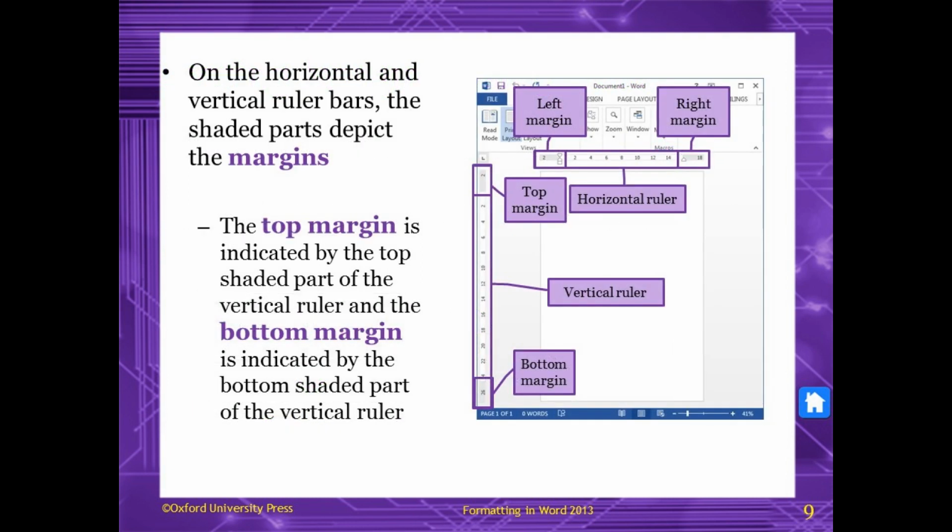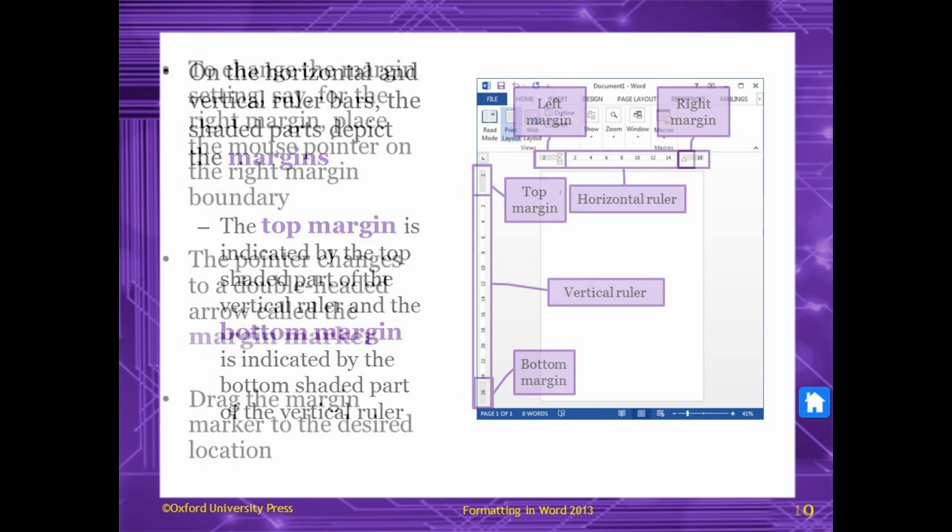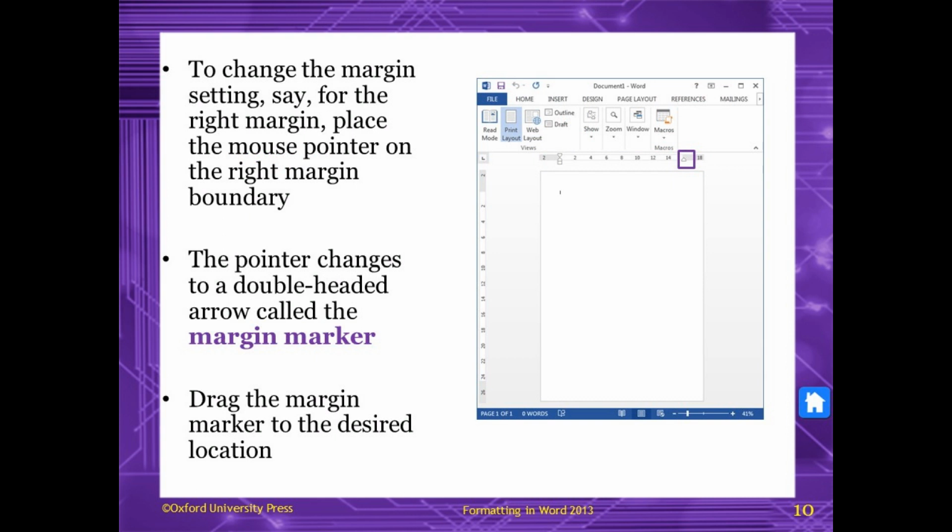On the horizontal and vertical ruler bars, the shaded parts depict the margins as shown in the figure. The top margin is indicated by the top shaded part of the vertical ruler, and the bottom margin is indicated by the bottom shaded part of the vertical ruler. By using these ruler bars, we can make changes in the margins. To change the right margin, place the mouse pointer on the right margin boundary.